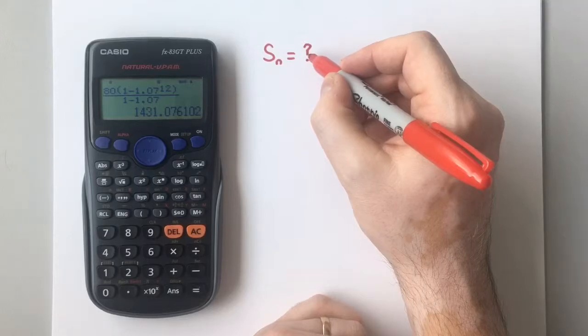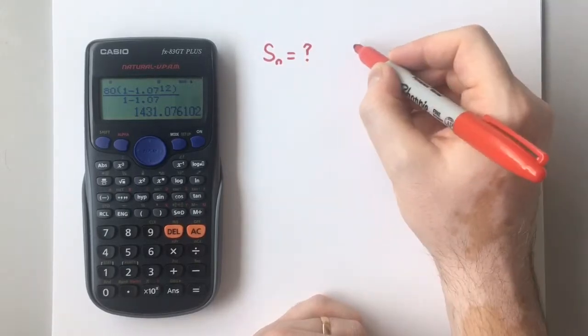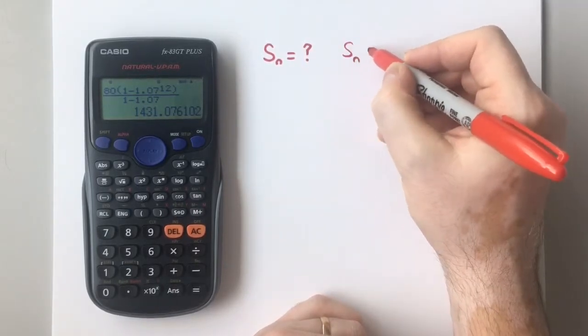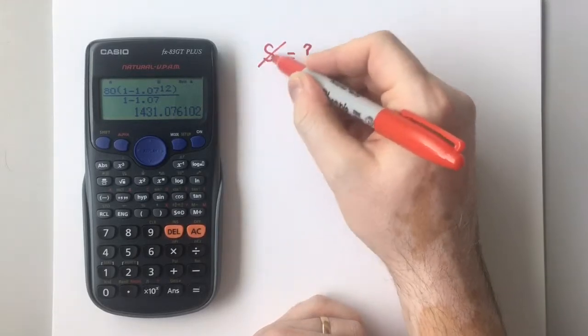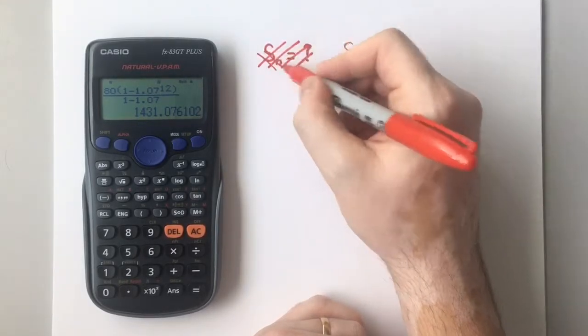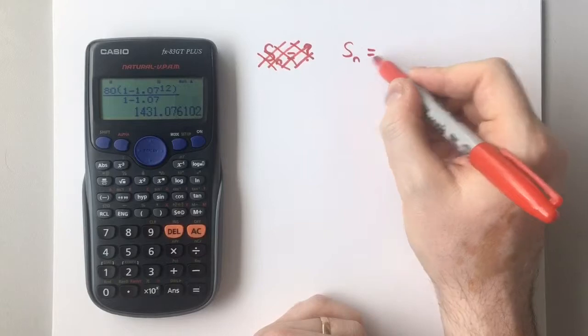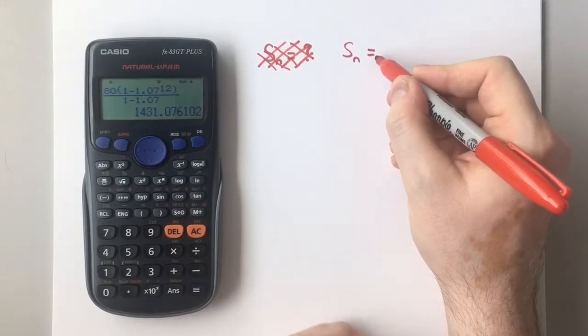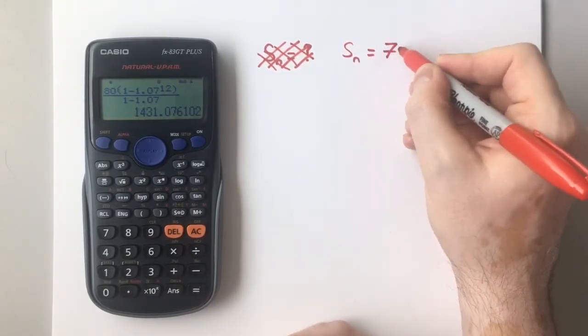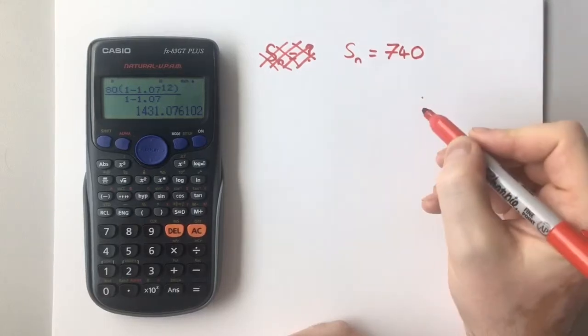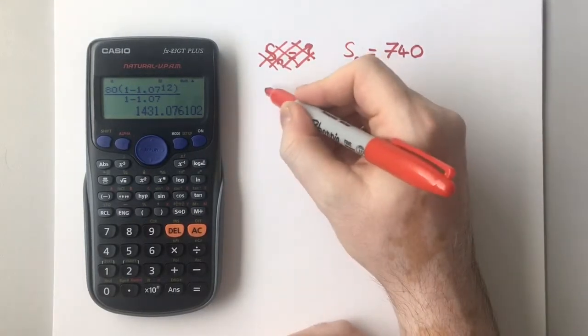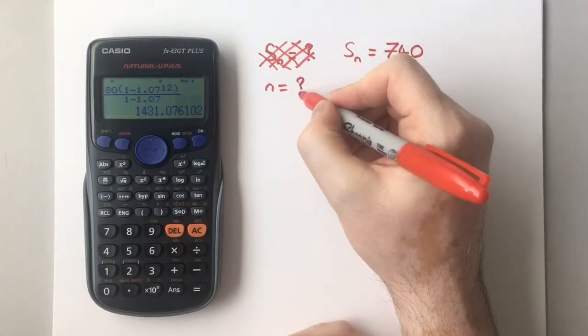In fact, I do know the value of S subscript n. S subscript n is the total amount we're going to process. That's the 740 that we've been given.